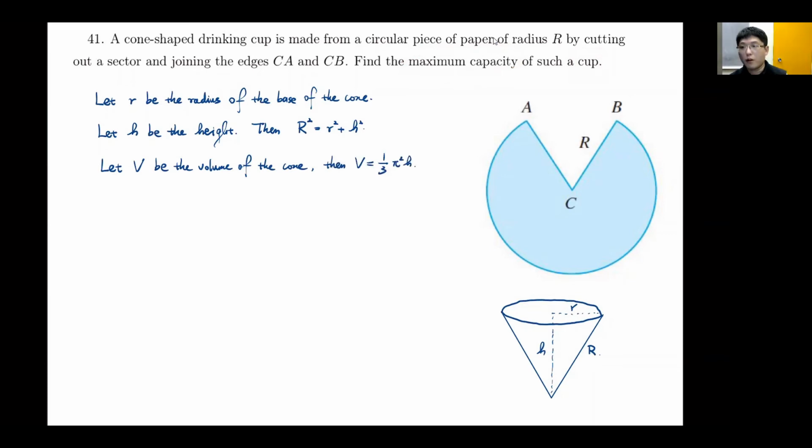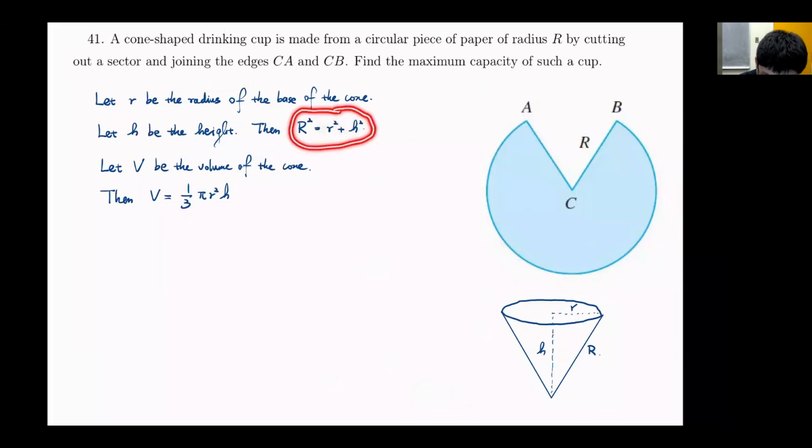So that's the formula for the volume of a cone. And now notice that lower r and lower h are related by this equation, and moreover, the capital R over here is now regarded as a constant.